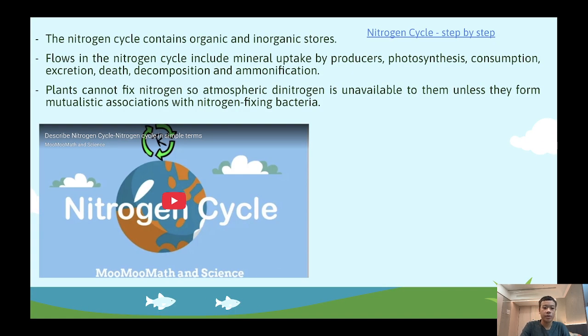Flows in the nitrogen cycle include mineral uptake by producers, photosynthesis, consumption, excretion, death, decomposition, and aminification. Also, plants can't fix nitrogen directly from the atmosphere, so they rely on mutualistic associations with nitrogen-fixing bacteria.